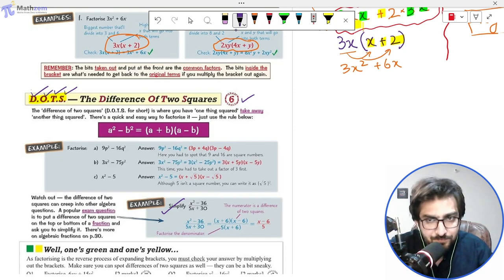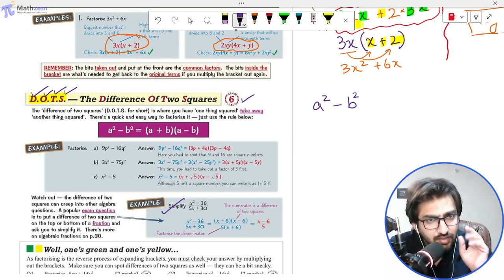The difference of two squares means a square minus b square. If you have this type of expression in algebra, how will you solve it? It is not limited to a and b only.